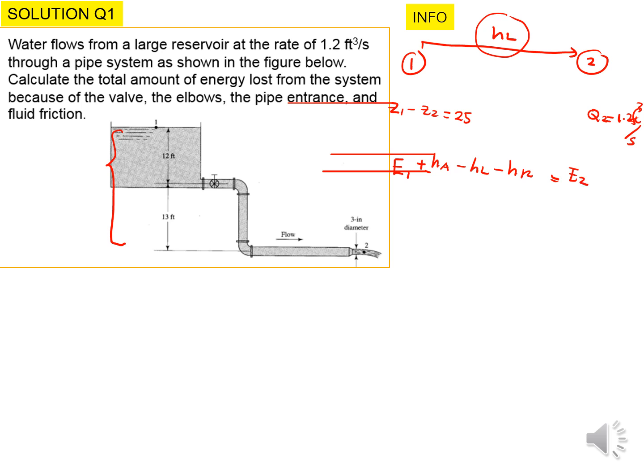But in this case we don't have HA and we also don't have HR, so we only have the HL.